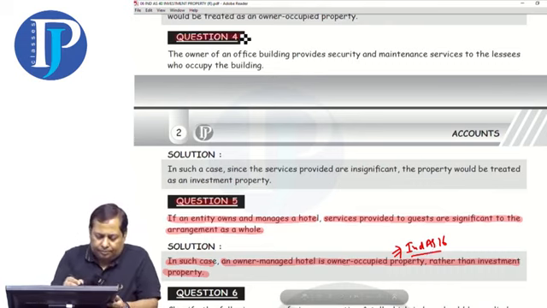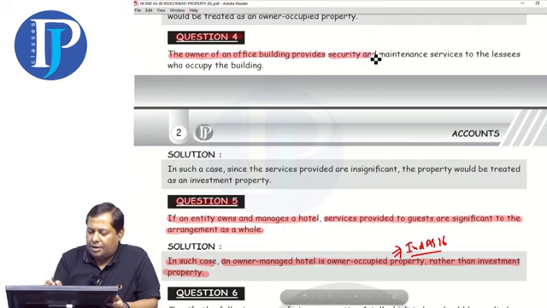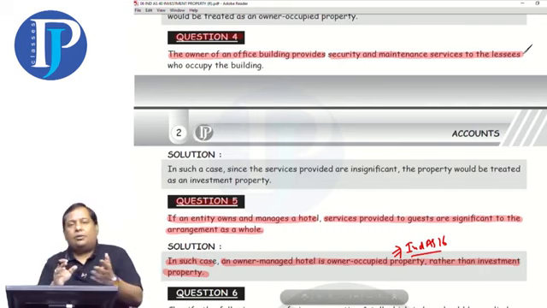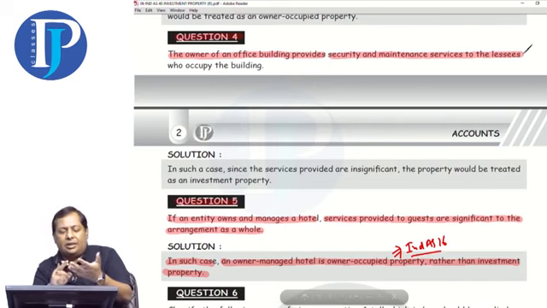In question 4, we are given the owner of an office building provides security and maintenance services to the lessees. Imagine a complex with multiple offices. So the owner said that they will provide maintenance and also their own watchman.